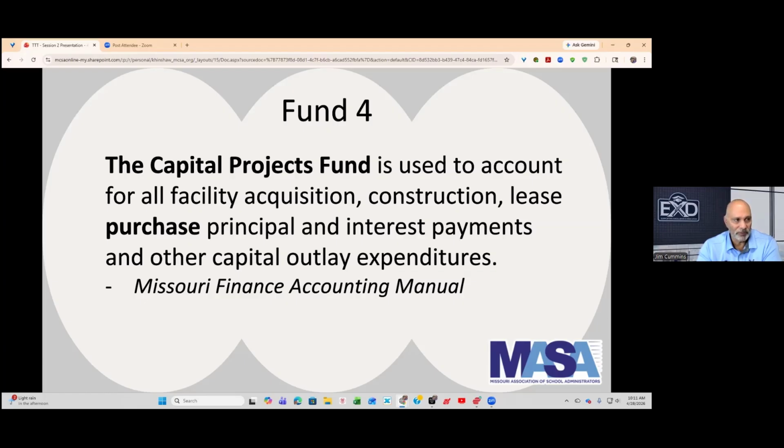If you are going to acquire it, own it at the end, even if there's a minimal payoff, so let's say it's a dollar buyout at the end, it's still considered a purchase. So if it's a lease purchase and you're going to own it, you have to make those payments, principal and interest, out of Fund 4. And those can be significant. So understanding where they go and how to account for them is important.